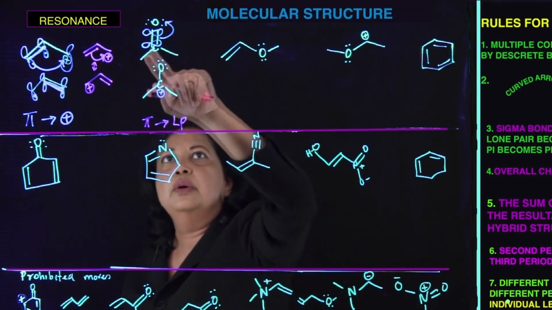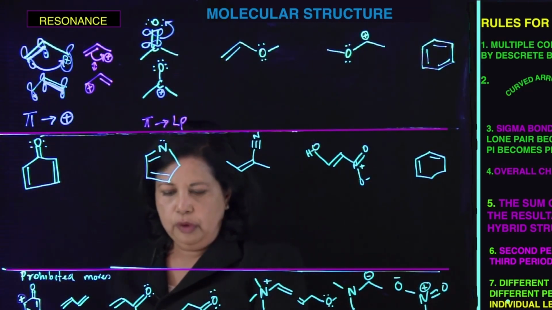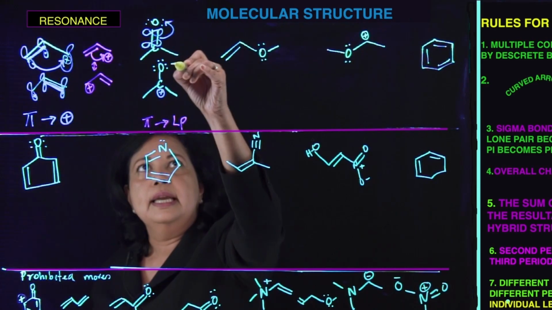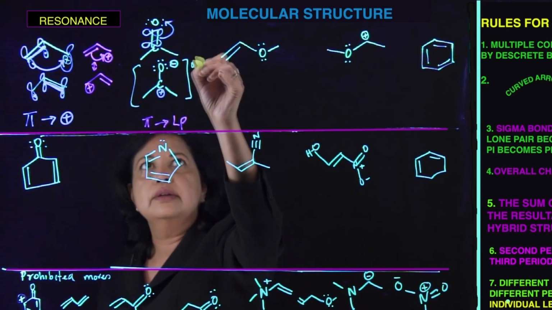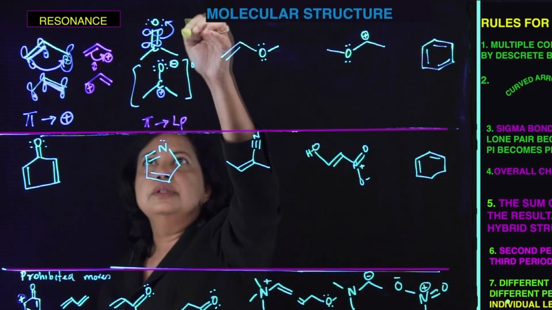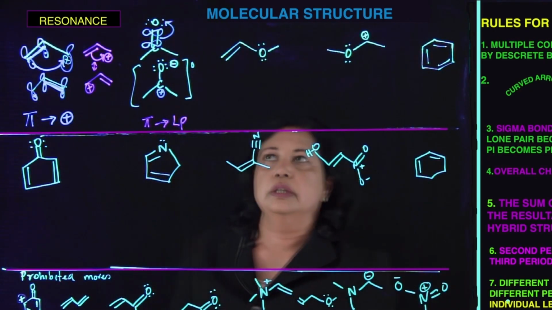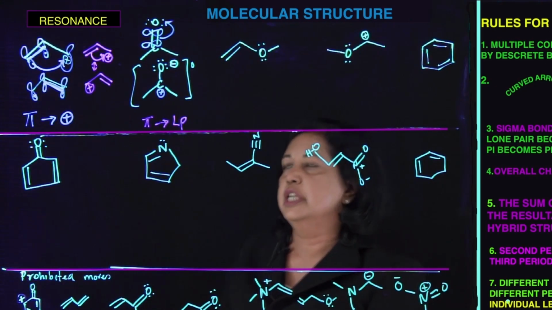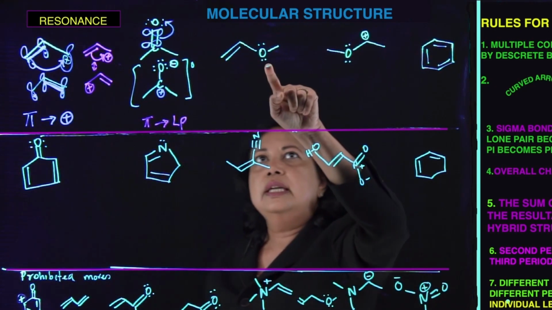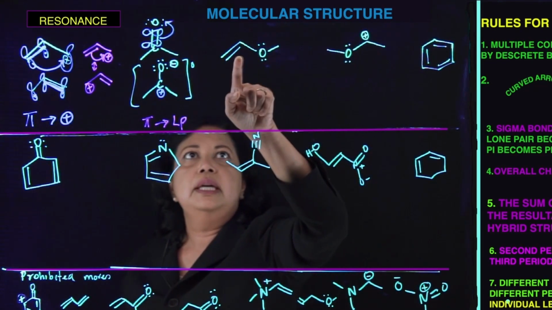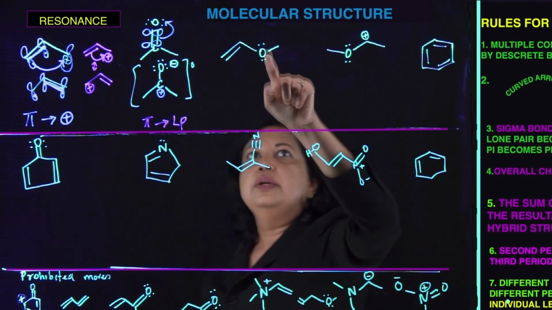Now you have 3 lone pairs here. So if you do the formal charge, you will get a negative here. So overall charge, plus and minus is 0. And this is also a neutral structure, which is 0. So overall charge won't change. Here, +1, +1.